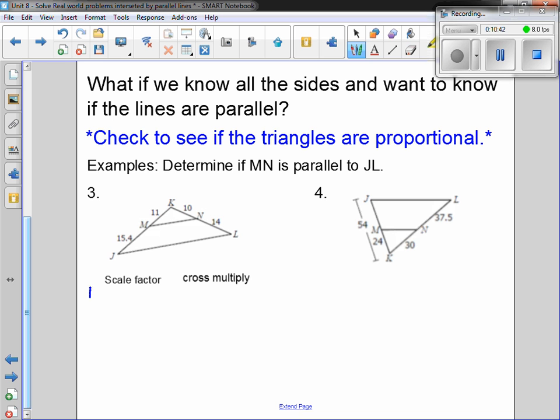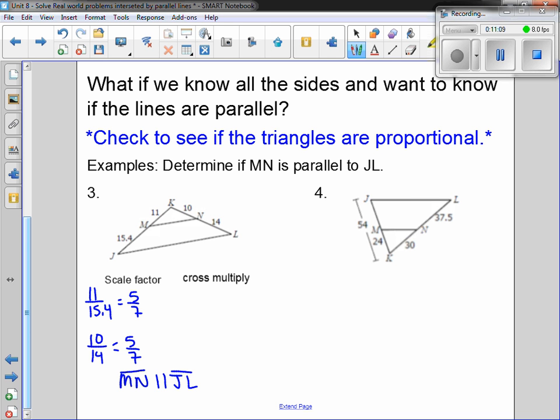So if I compare 11 to 15.4, because they are said to be proportional, and 10 to 14, I know that both of them simplify to 5/7, which means that they are proportional, and therefore I can say that MN is parallel to JL.